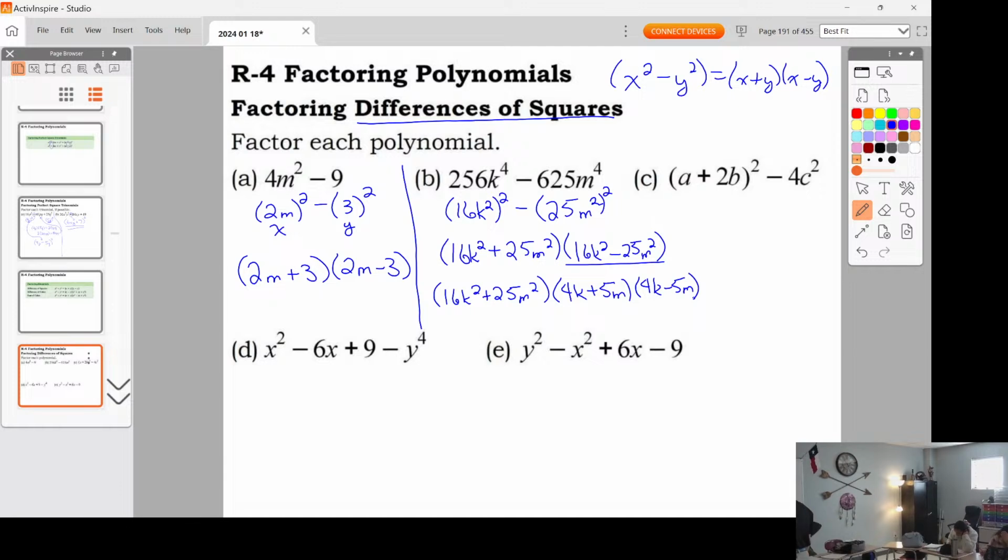This is right. Yeah. Write that as 2c squared. That way you can see what your x and your y are.